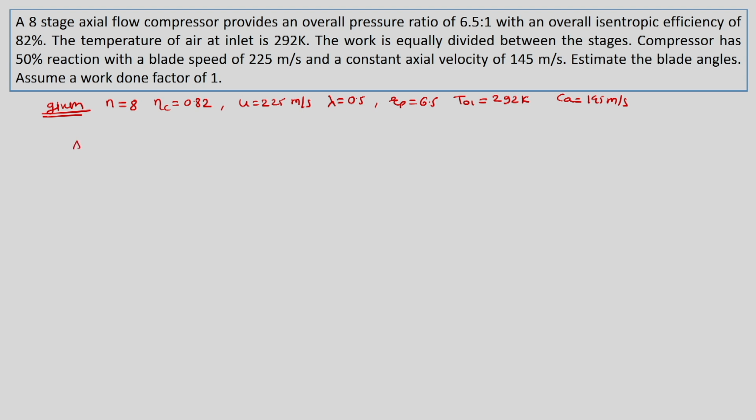So we know delta T naught overall is equal to T01 divided by compressor efficiency into Rp raised to gamma minus 1 upon gamma, minus 1.